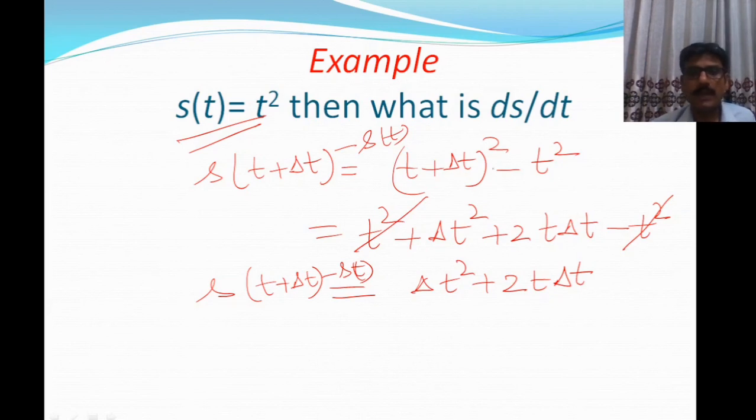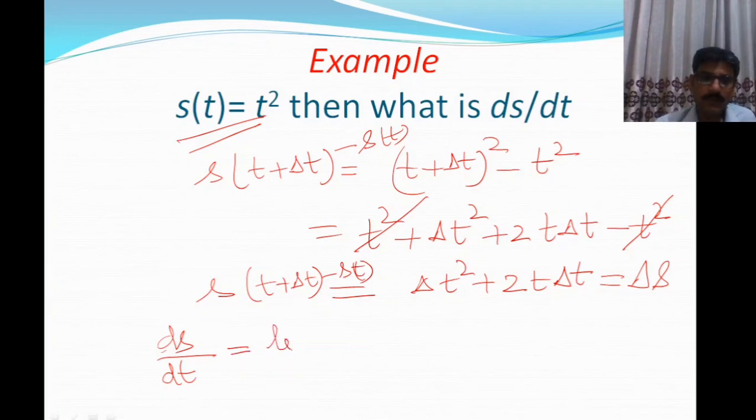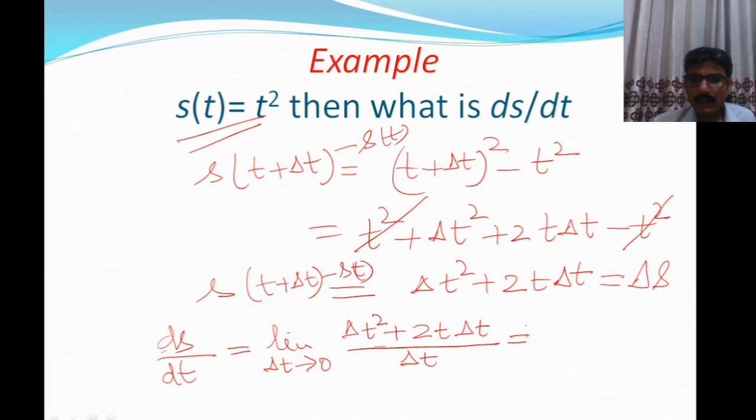So this quantity, delta t square plus twice t delta t, is delta s. So what will be the differentiation, or the speed at time t? ds over dt equals limit delta t tends to 0 of delta s, which is delta t square plus twice t delta t, upon delta t.